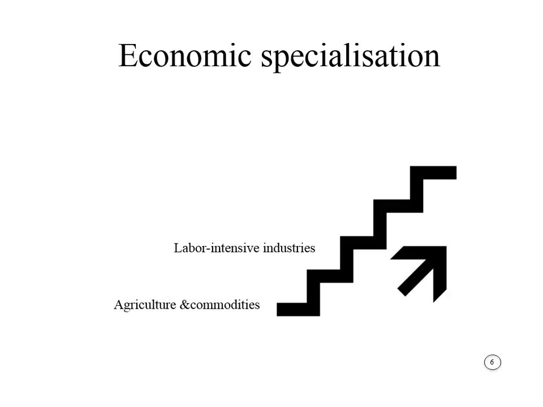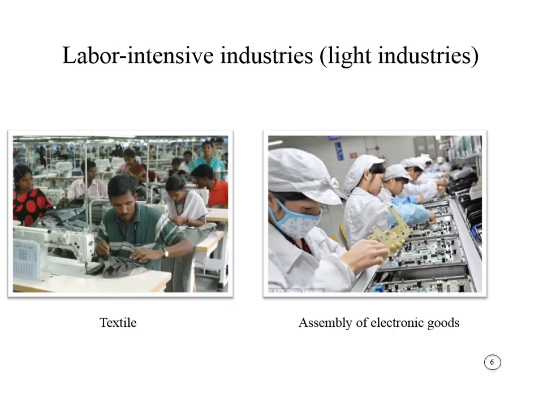What are the examples of labor-intensive industries? Textile. Assembly of electronic goods. Japan first started by textiles. It assembled electronic goods. Sony started by assembling electronic goods. Samsung started by just assembling electronic goods.